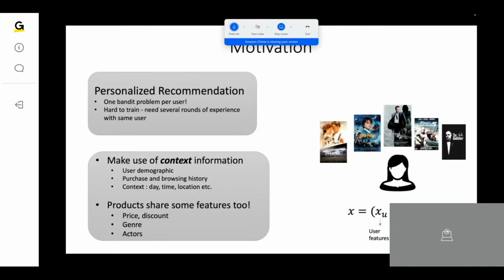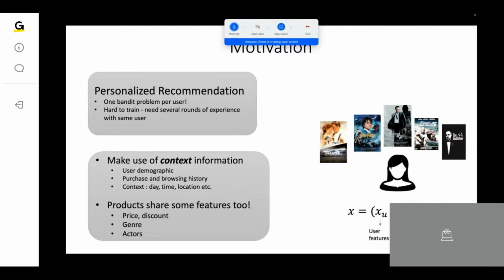So we have one bandit problem per user. Now this is not feasible because to train each bandit model, we would need to interact with the user multiple times, and it's an opportunity we will not get in real life.